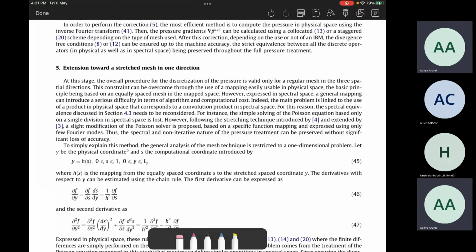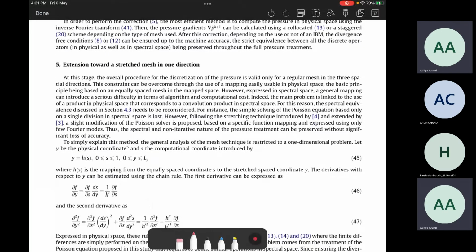Okay, this is one more thing. People use stretched meshes when there is a solid boundary, like in a channel flow. Your velocity gradients are higher near the wall and lower in the center. So this is a rough diagram I've made.